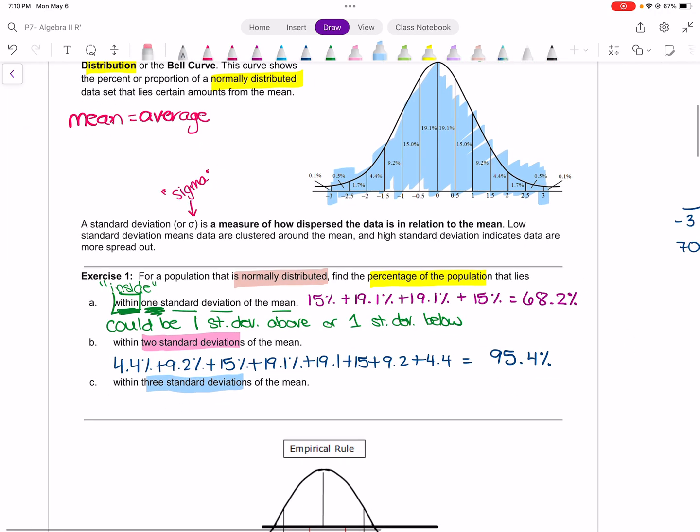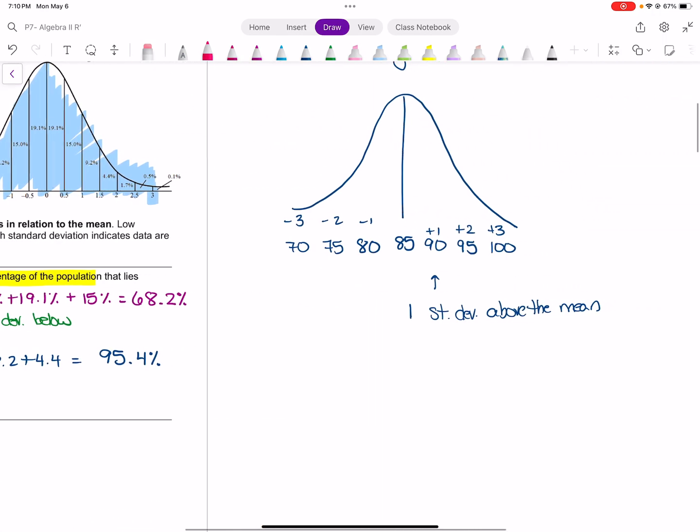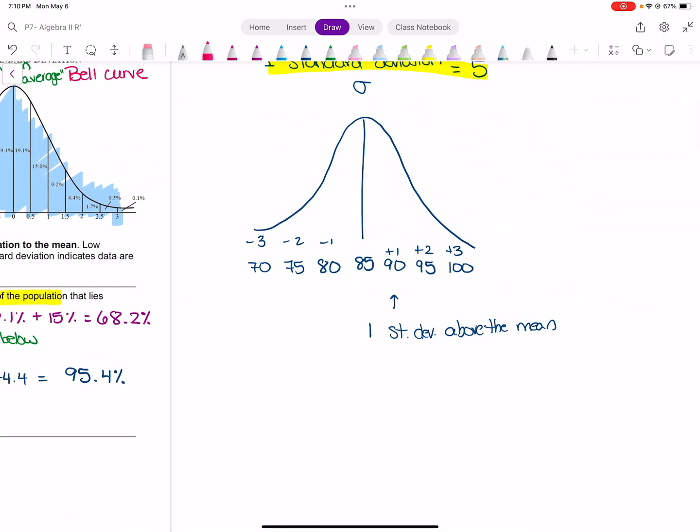For this one, when you add up, you should get 99.8%. 99.8%, so almost 100%, pretty much all of your data for the most part, should be within 3 standard deviations of the mean. So if we look back over here, that means that between the 70 and the 100, 99.8%, so almost all of the data, should be within that 3 standard deviations.